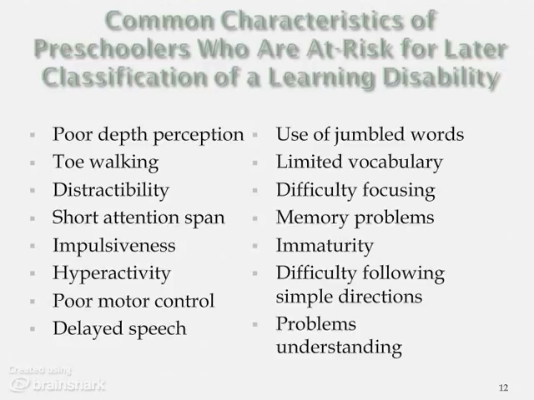But what's important for parents to know is if they're seeing a number of these characteristics or a great deal of these characteristics, that things like Child Find are available, so students can be evaluated at age 3 to see if maybe there is a developmental delay, there is something going on. So it's just important to know that these characteristics could potentially be telling of a later issue, which could be something like a learning disability.